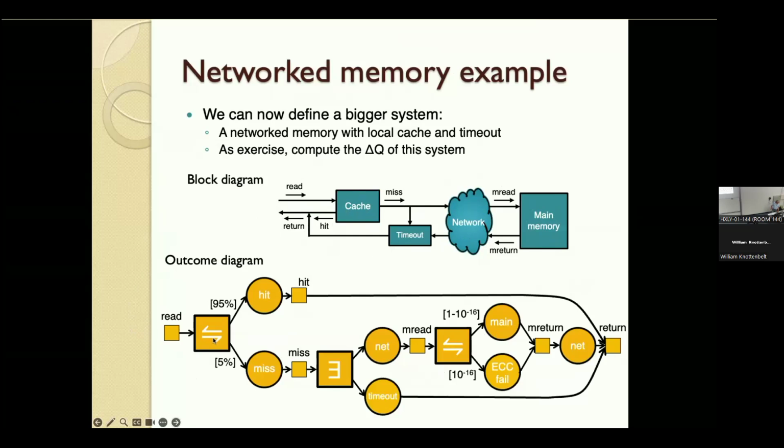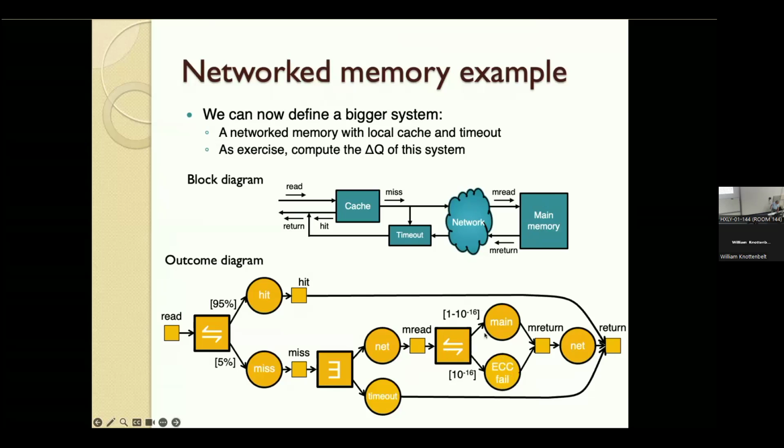So the first probabilistic choice models the cache. Here, the first to finish models the timeout. And here I've put in a second probabilistic choice, which models the possible failure of the main memory read. So one of the nice things about the ΔQSD is that you could model failure probabilities. This example shows that, even with very small failure probabilities. So assuming the main memory has an error correcting code, and there's a 10 to the minus 16 chance that it fails, okay, this error correcting code check.